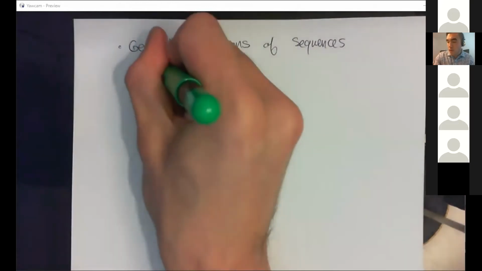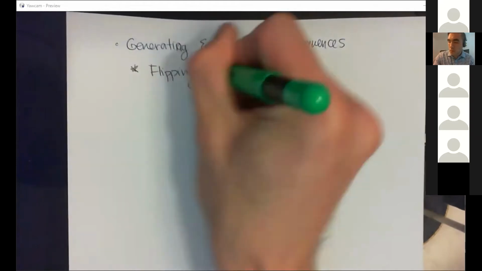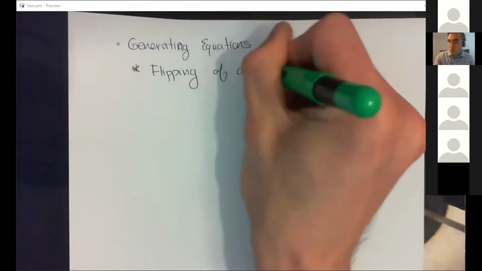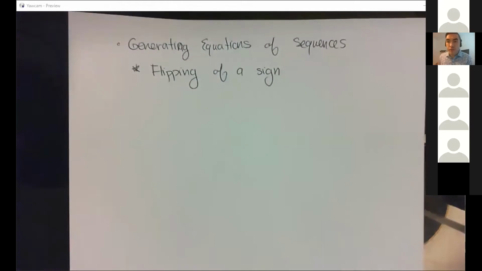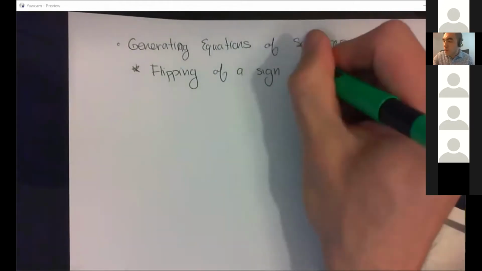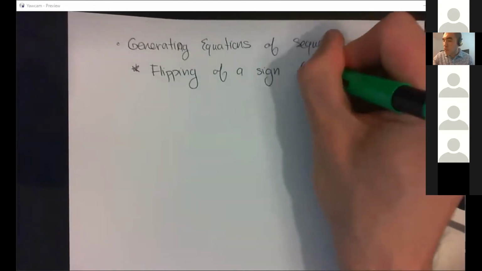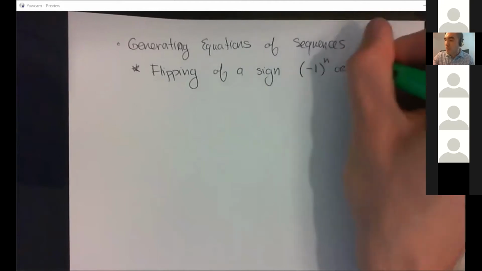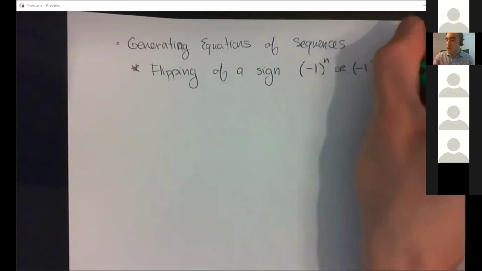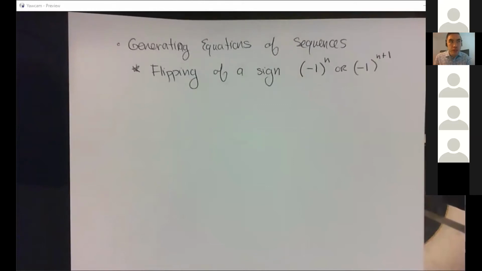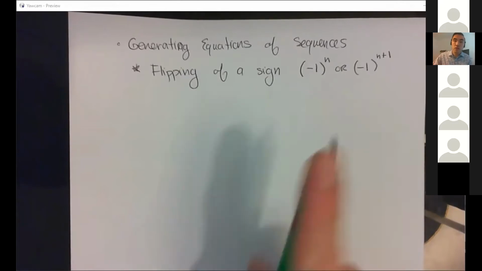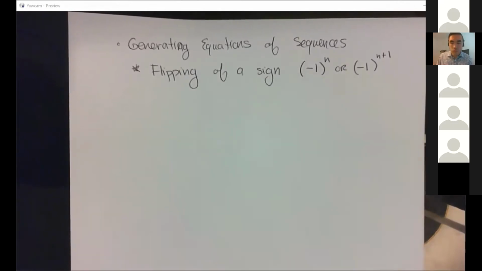So the flipping back and forth of a sign typically means that you have some sort of object in there, which is of the form -1 to the n, or -1 to the n plus 1, depending on where your odd number is, whether or not odd ends are negative or even ends are negative. But no matter what, if you are moving forward and the sign is flipping back and forth, positive, negative, positive, negative, this is the thingy that does that.